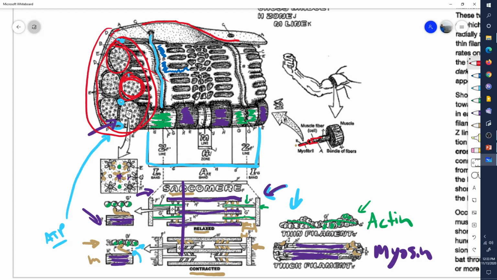This is a muscle cell with mitochondria and myofibrils. Inside the myofibrils are units of sarcomeres, which are exploded and expanded in this view here and here. The sarcomere is the unit, the actin and the myosin acting together to cause contraction.